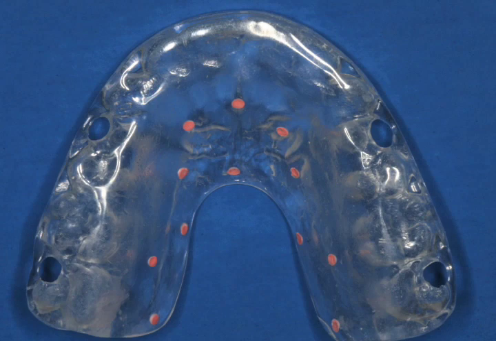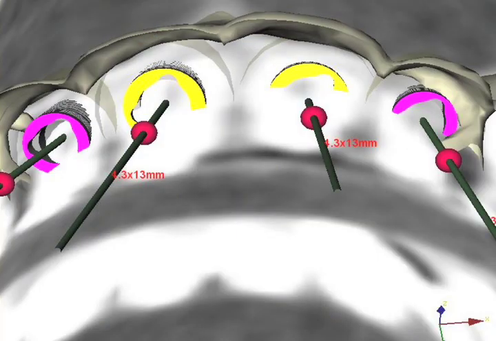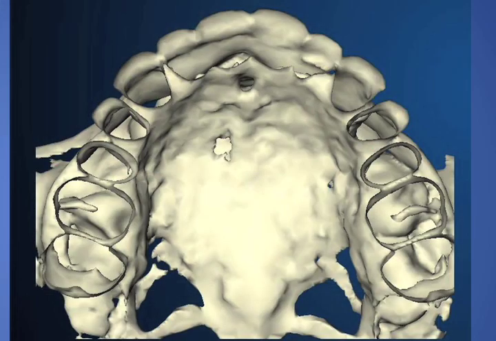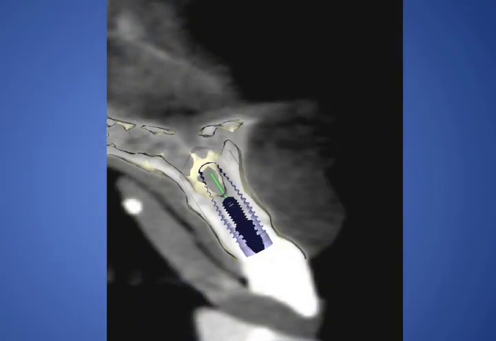This guide has gutta percha embedded in it and is used to establish a plane for the CAT scan. A CAT scan is then done, and using the Nobel Guide CT scanning software, we were able to create a three-dimensional image for this patient and actually virtually place our dental implants in the patient prior to any surgical intervention on her.